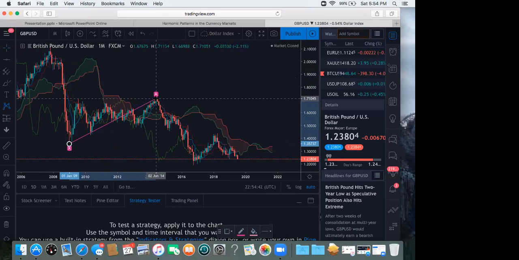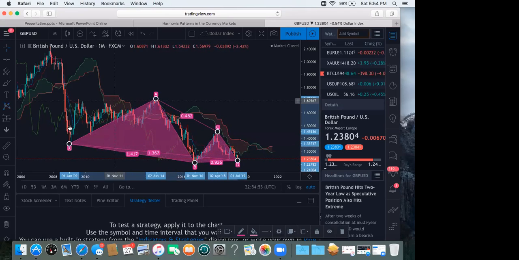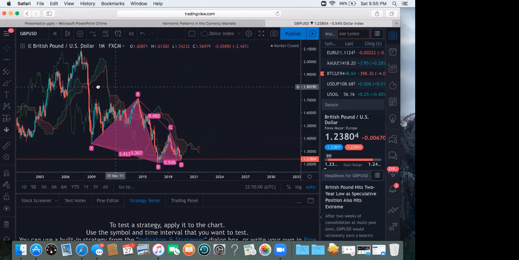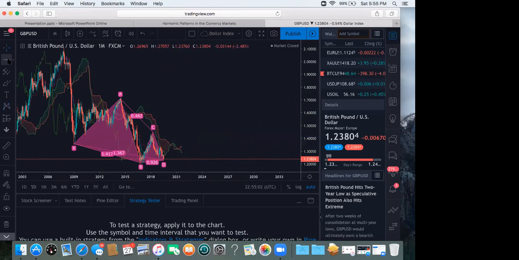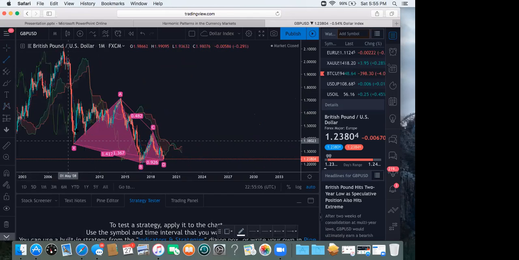Right here, you notice that the pattern is not too perfect, but it aligns with the triangle. If you can see it, just like this, all right.